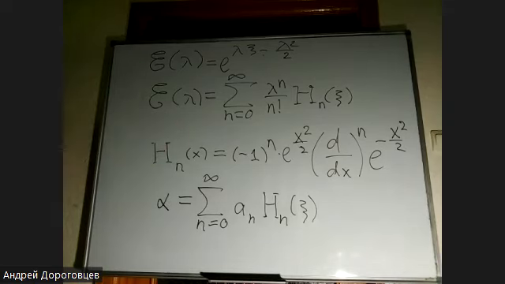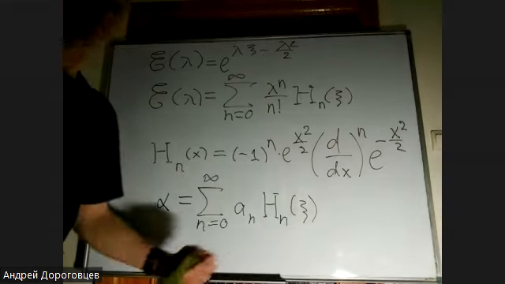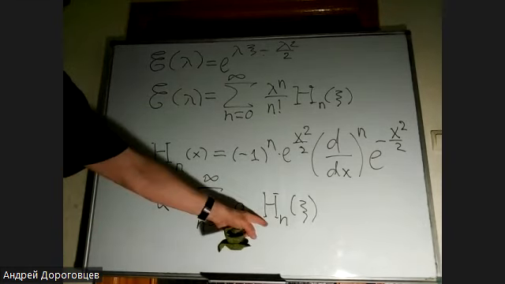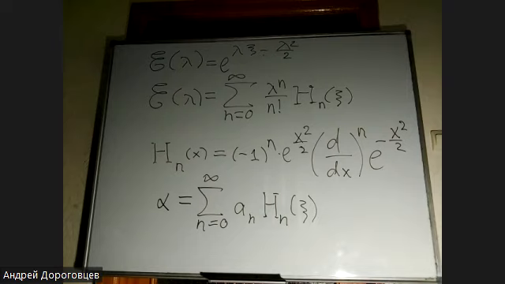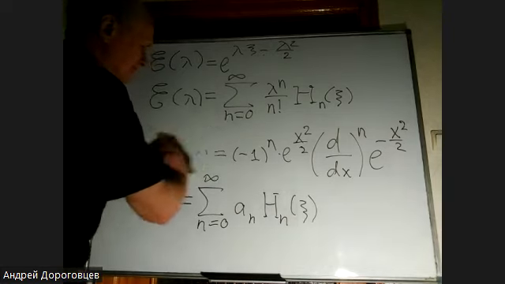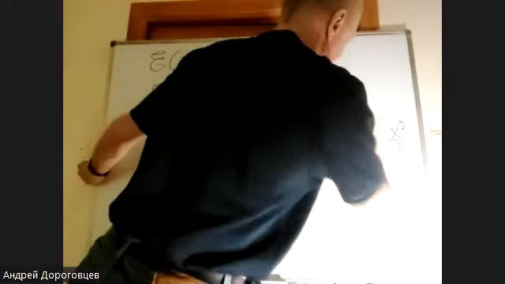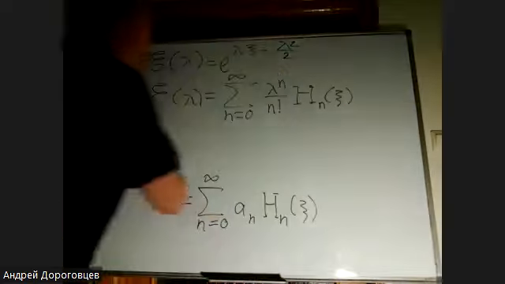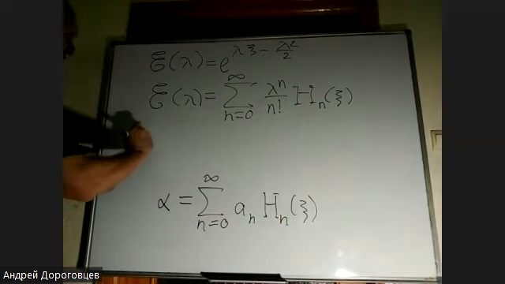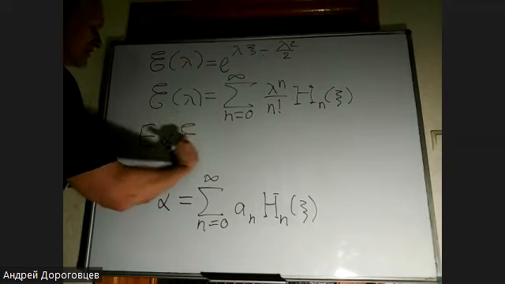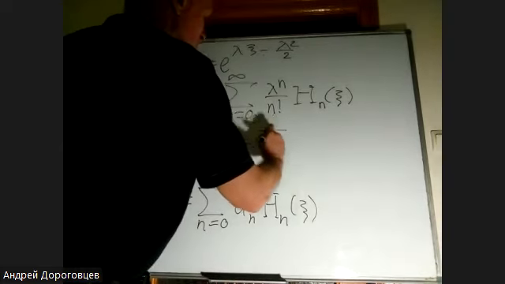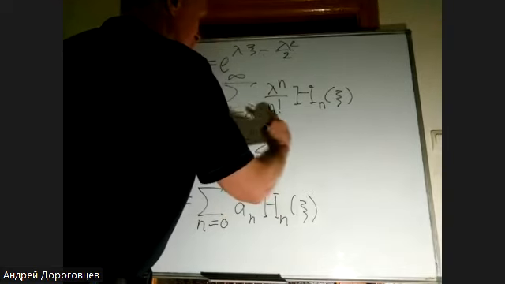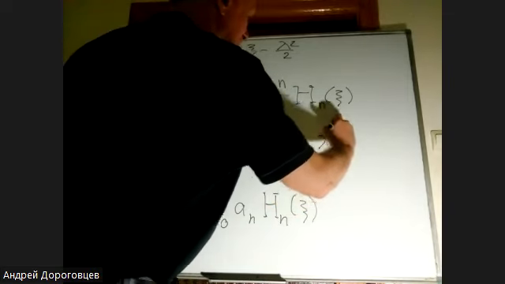Due to this expression, the orthogonality of summands in this series, and the fact which we mentioned that the quadratic norm of h n of psi is equal to n factorial in 1/2 power, we have the following interesting relation: the expectation of alpha multiplied with E of lambda is equal to the sum from n equals 0 to infinity a n lambda in n power.